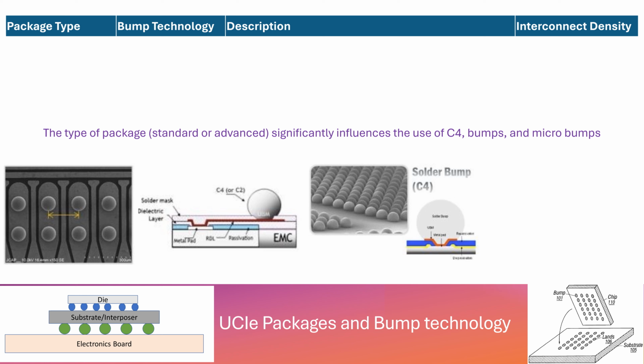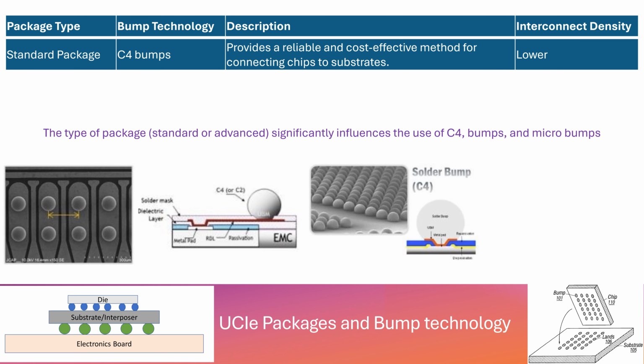C4 stands for controlled collapse chip connection. The standard package uses these solder bumps or C4 bumps. They provide a reliable and cost-effective method for connecting chips to the substrates. Since the bump pitch is bigger compared to C2, interconnect density is lower for C4 bumps.